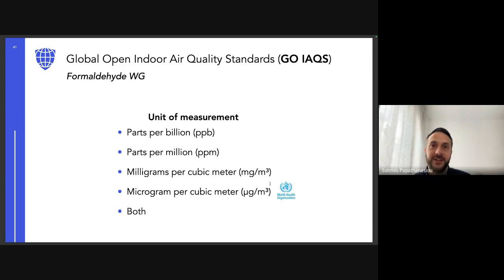WHO, again, for formaldehyde is communicating everything in micrograms per cubic meter. But again, for people who weren't in the previous conversation, instruments in general, when they measure gases, rely on parts per billion or million, depending on the concentrations.